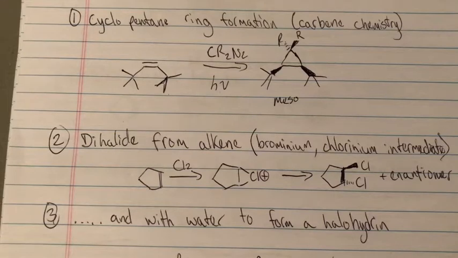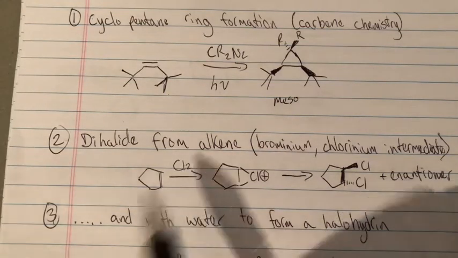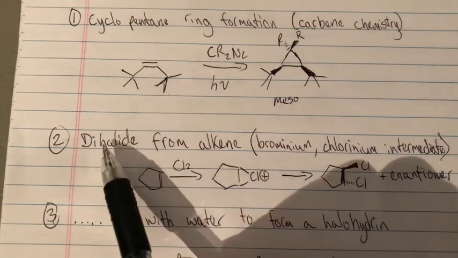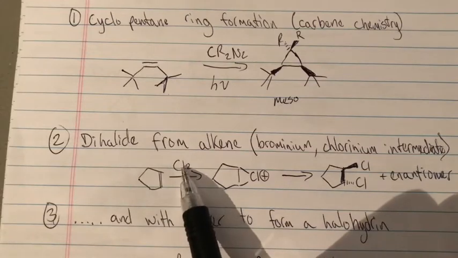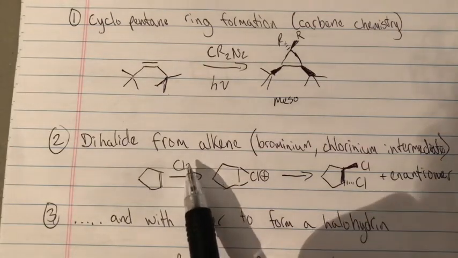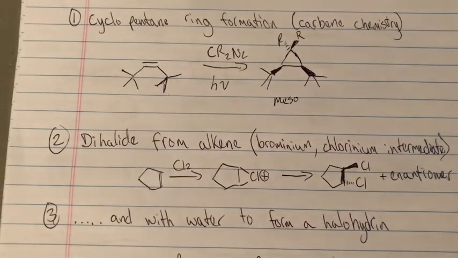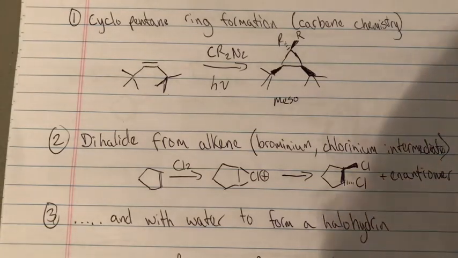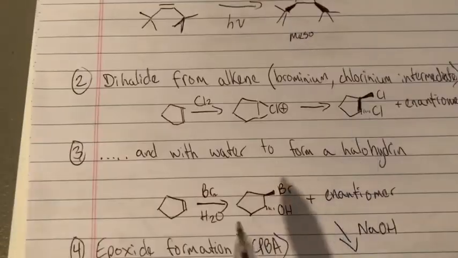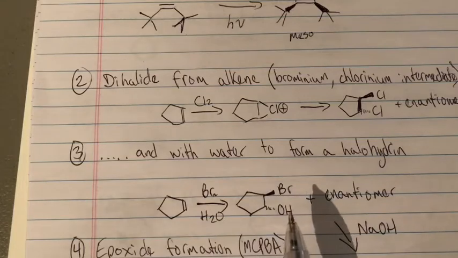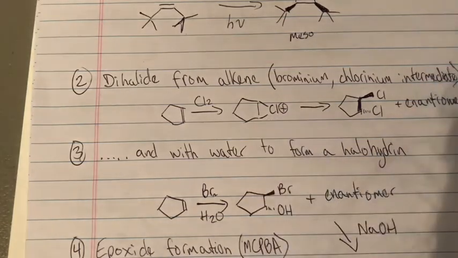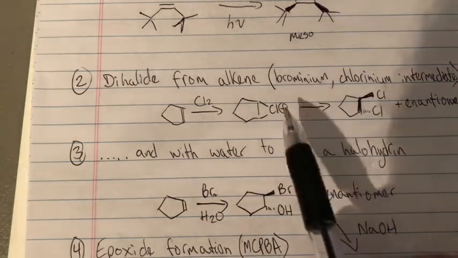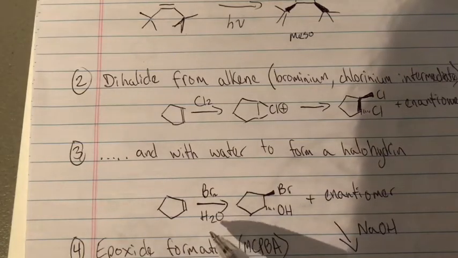Now, when we're referring to a dihalide species, well, it's not really going to form a dihalide, but you can use some kind of halide gas, and then in the presence of water, you're actually going to do the same type of three-membered ring intermediate that's going to be positively charged.